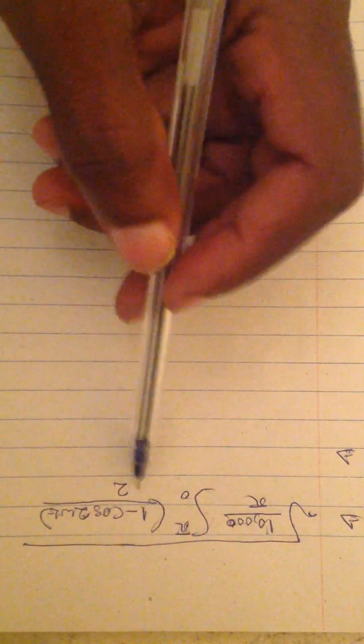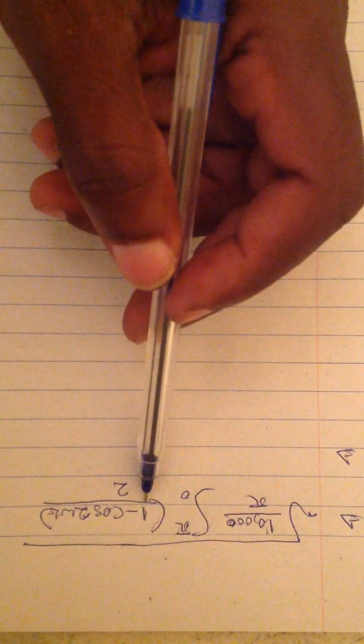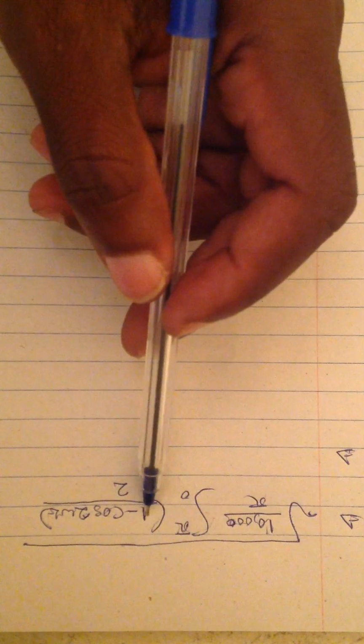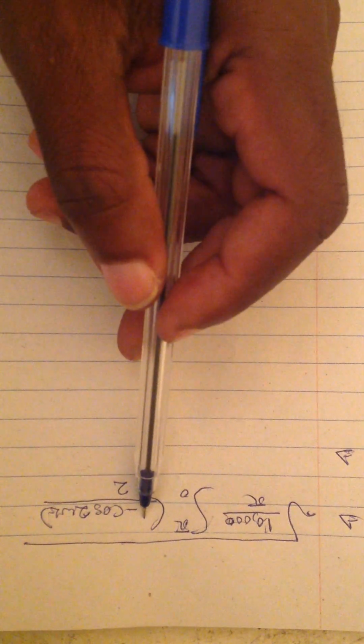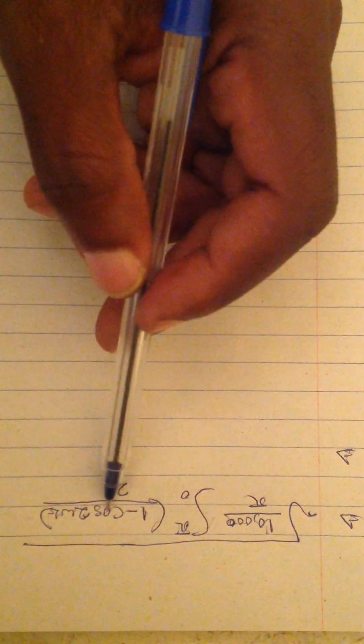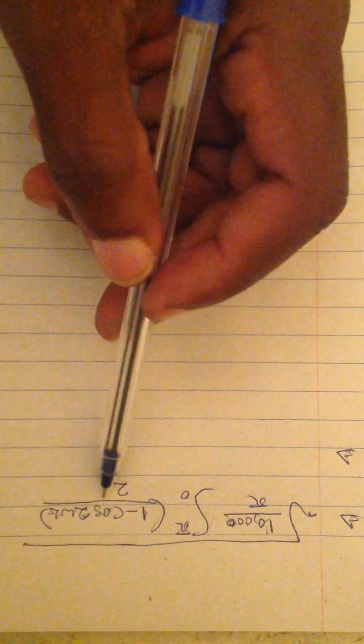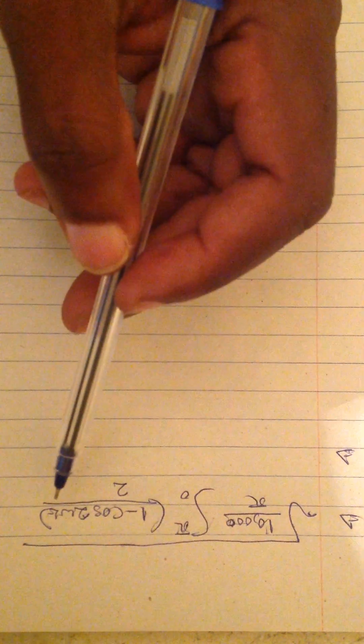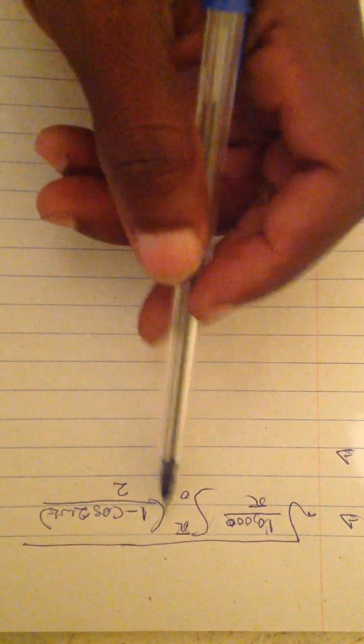Before we integrate, let's factor out this part here. Remember, it's 1 over 2 times 1 minus cos 2 omega t. So what we can do is we can factor out this 1 over 2, so that we remain with 1 here.